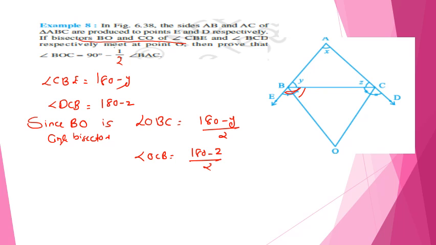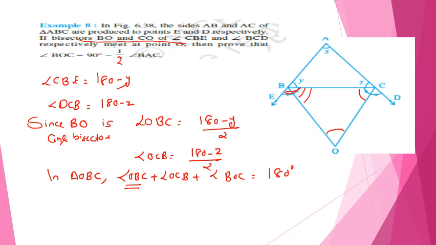Now, in triangle OBC, angle OBC plus angle OCB plus angle BOC, this angle plus this angle plus this angle, what is it? 180 degrees.